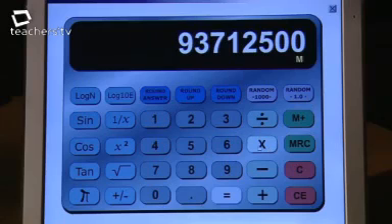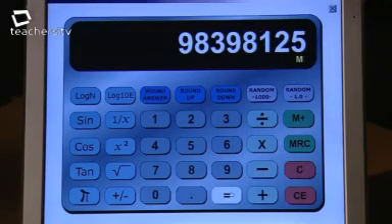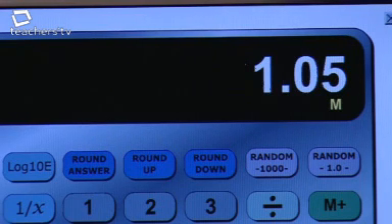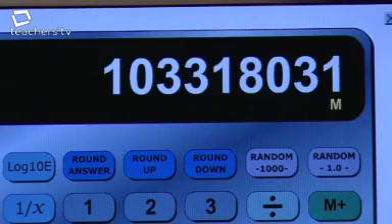Multiply this number by 1.05 for a third time gives a total after 3 years at over 98 million, and multiply this number by 1.05 for a fourth time shows us that after 4 years the debt has broken the £100 million barrier if no repayments are made.